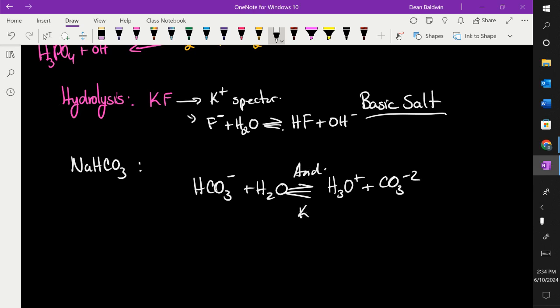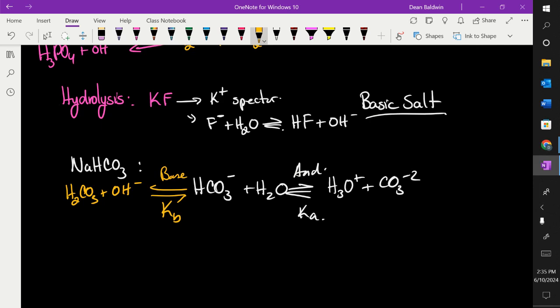That would mean you need to know the Ka. Or it can go this way and act as a base, in which case it accepts a proton. And you get that. And that's the Kb. So you have to compare which one is stronger, which direction does it go?